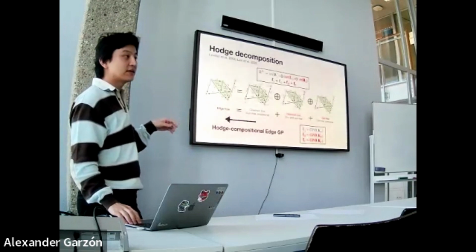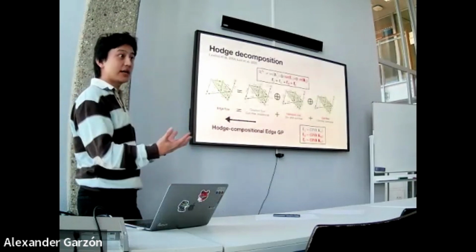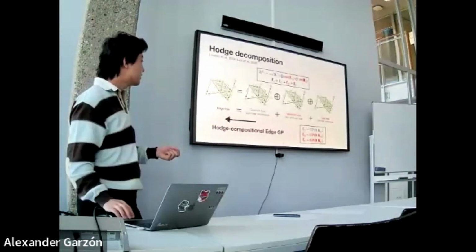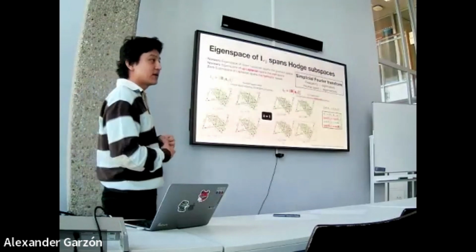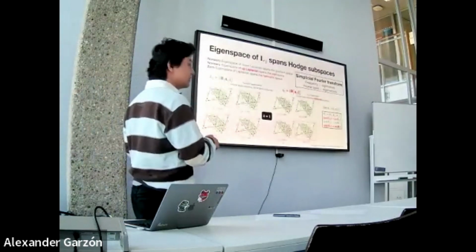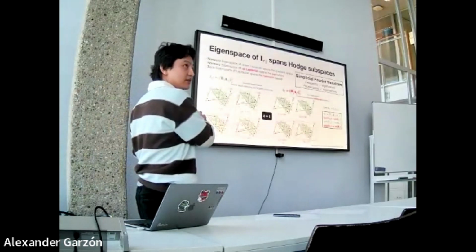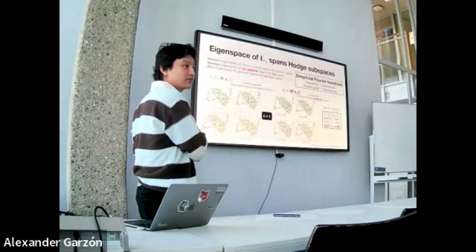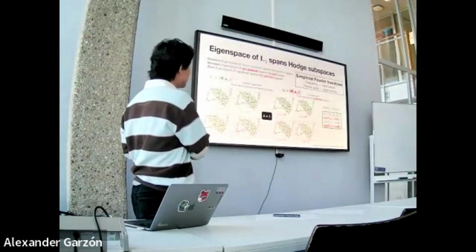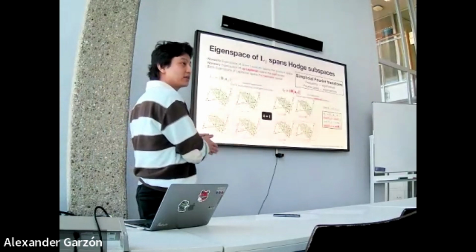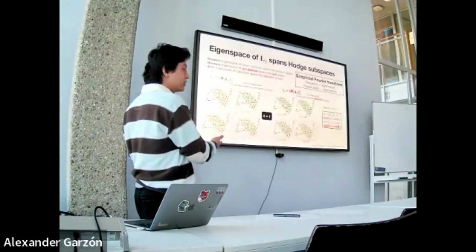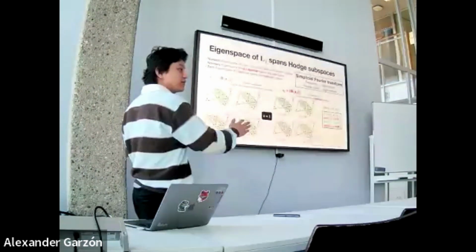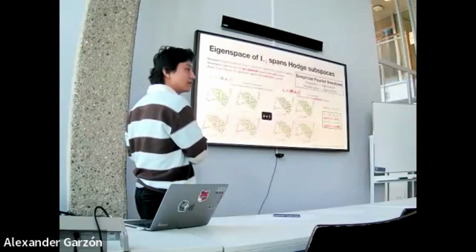And earlier we saw that the way to do that is you have some Laplacian and you have some function on it. And here is how do we find this Kg, Kc, and Kh? Then we have this important fact: the eigenspace of the Hodge Laplacian really spans the three Hodge subspaces we talked about earlier. Particularly, the non-zero eigenspace of the down Laplacian spans the gradient part. The non-zero eigenspace of the up Laplacian spans the curl part. And the zero eigenspace of the total Hodge Laplacian spans the harmonic space.